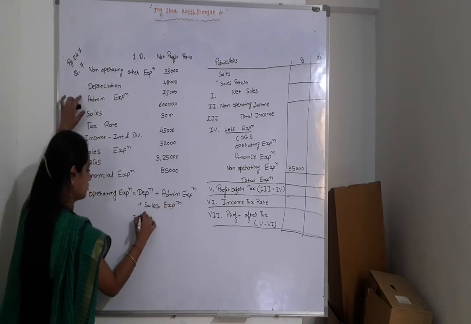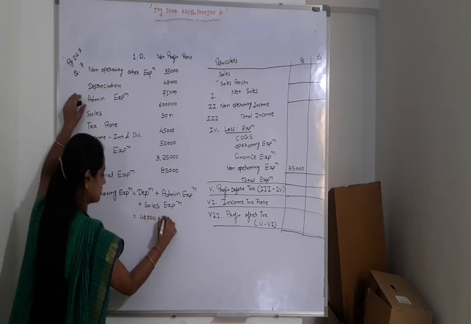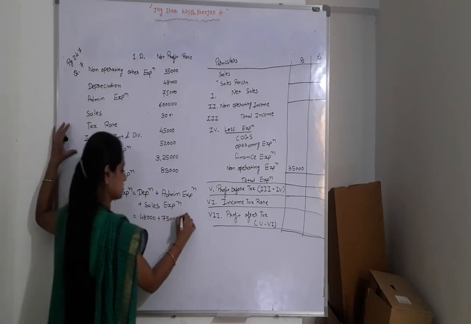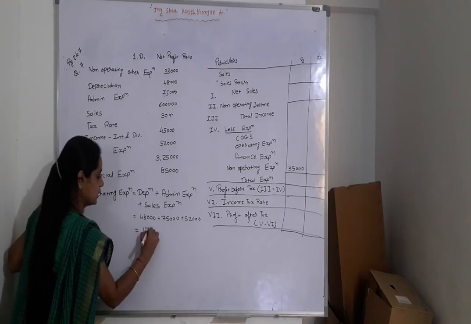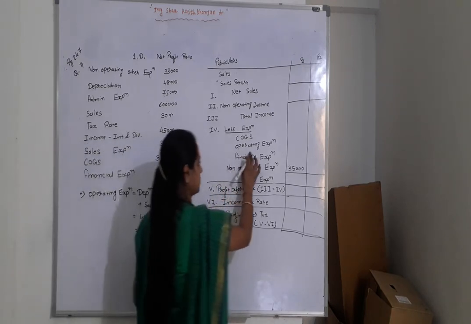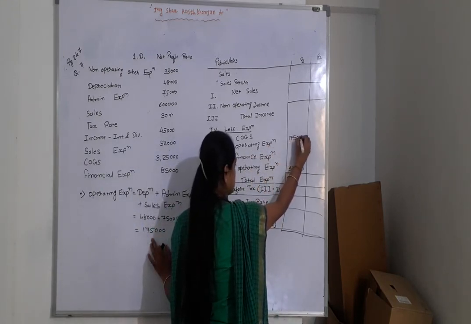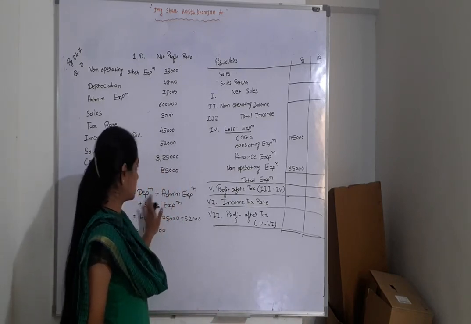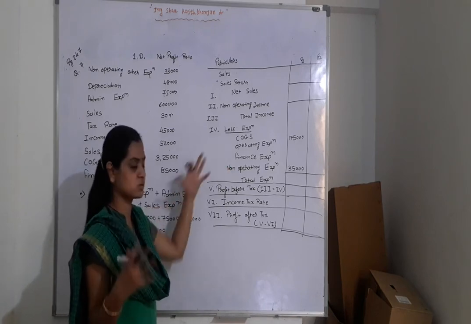Depreciation is 48,000, admin expense 75,000, and sales expense 52,000. Total is 1,75,000. That means we get the answer of operating expense, that is 1,75,000. We are using a formula over here because there is no need to write down all these three things over here, or else it will look messy.